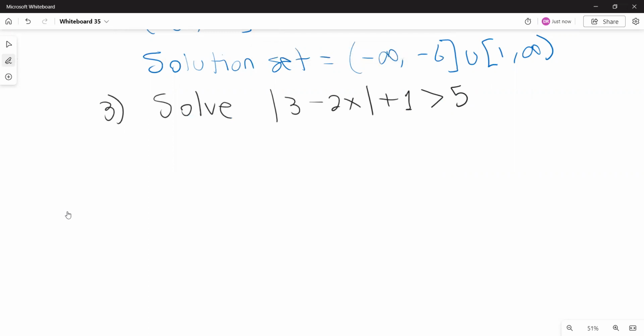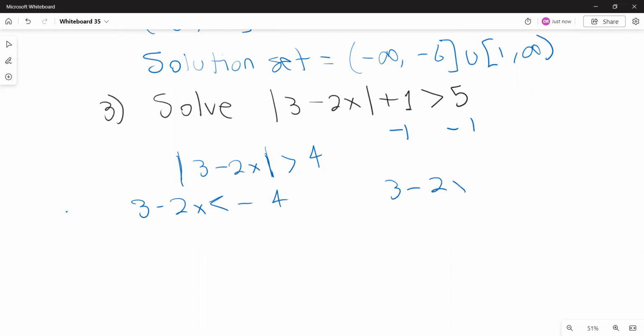Step number 1, we need to isolate the absolute value on one side of the inequality, and then we're going to either separate it or treat it like a three-part inequality. So we have absolute value of 3 minus 2x greater than 4. If the absolute value inequality involves greater than, we're going to separate it into two inequalities, and we are going to solve each.